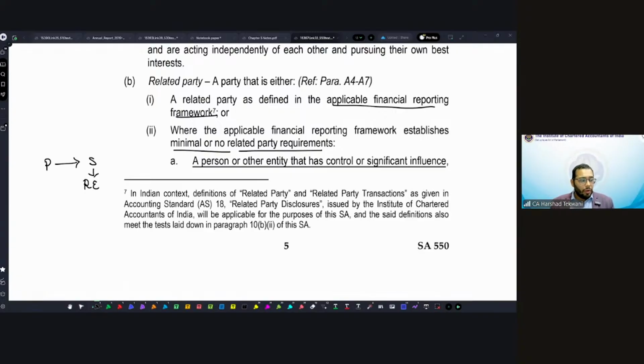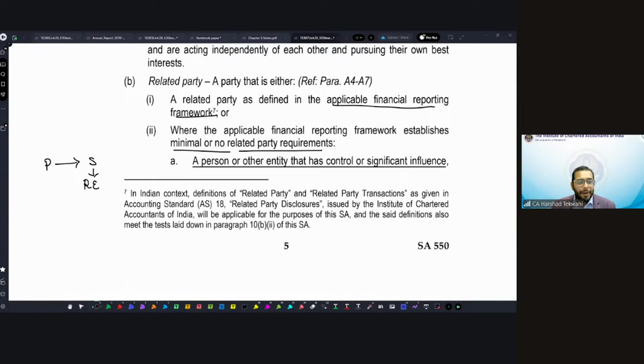Okay. Now, the question is, do you think having a related party transaction is a misstatement? No, sir, it's not a misstatement. If the transaction is rightly made, it's not at all a misstatement. Absolutely correct.